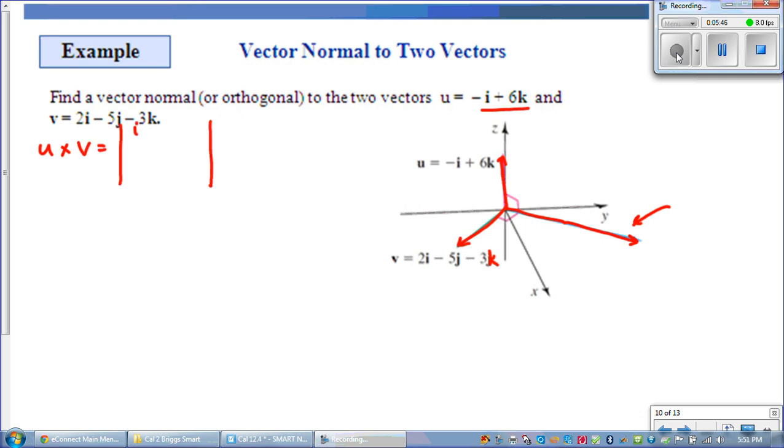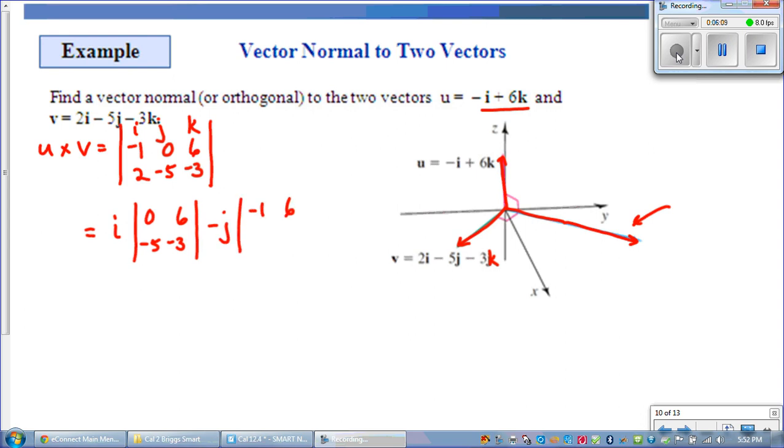Set up our determinant with i, j, k in the first row, -1, 0, 6, 2, -5, -3, which will be i times the determinant, minus j times the determinant, plus k times the determinant.